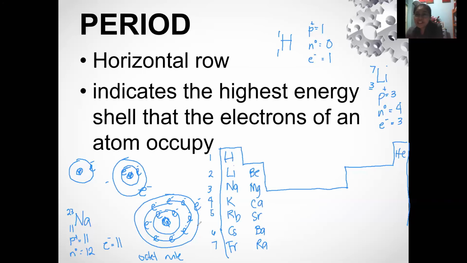That's how you arrange their electrons. So again, to summarize, when you say period, it represents the highest energy shell that the electrons of an atom occupy. So kung sa potassium naman, meron siyang 4 na energy shell since ang potassium ay nabilong sa 4th period.